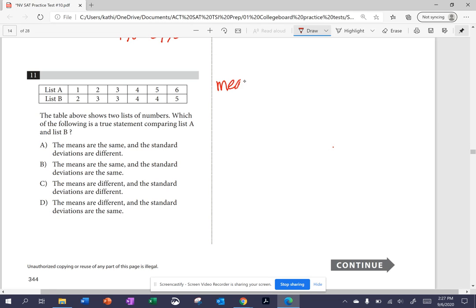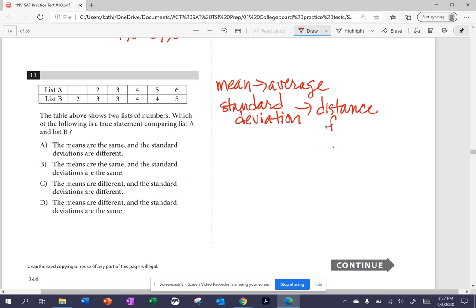So mean is the average, and standard deviation is the distance from the average. Sometimes we show that as the sigma symbol. Look up standard deviation if you want a little bit more information.